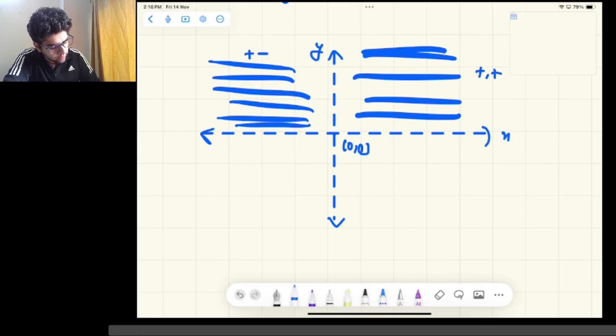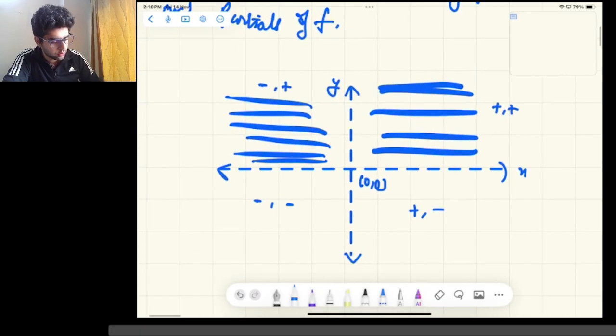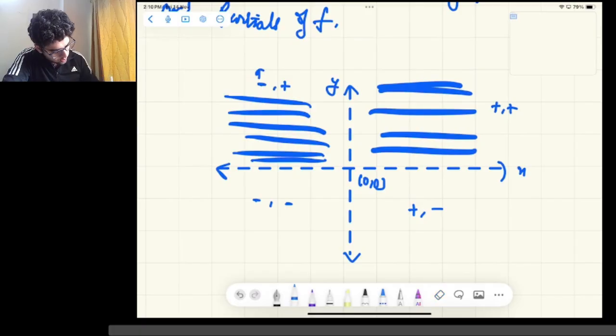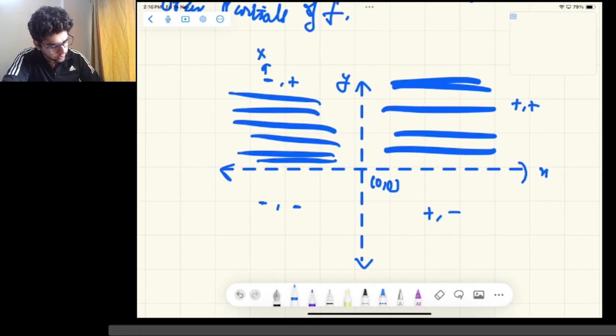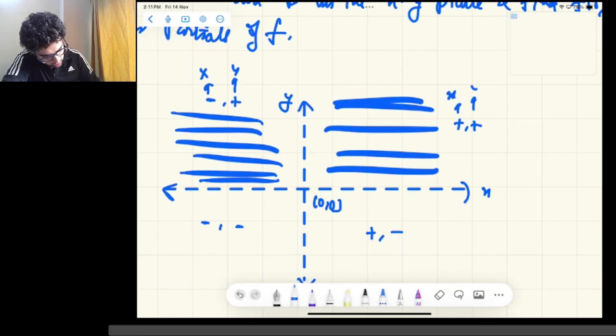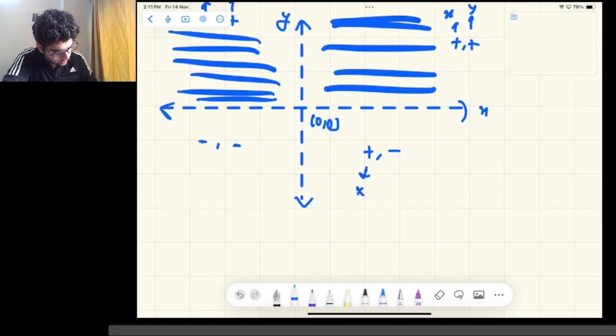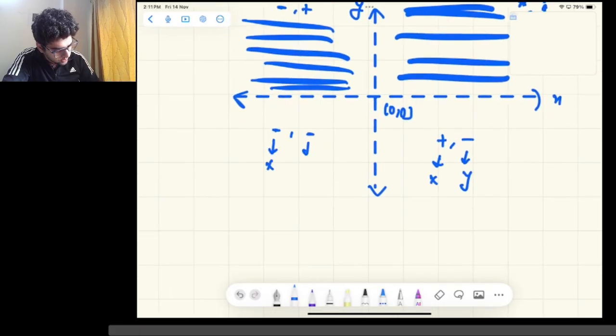Here we have negative and positive, here negative and negative, and here positive and negative values, where the first coordinate is x.